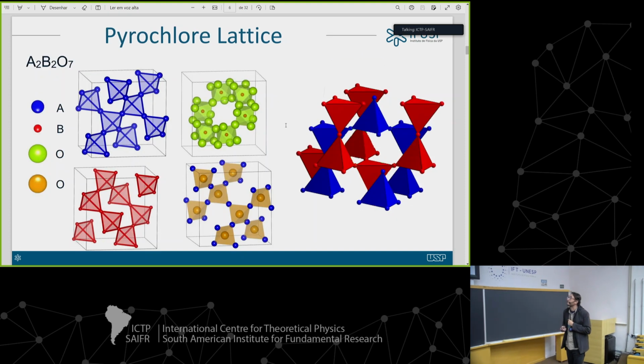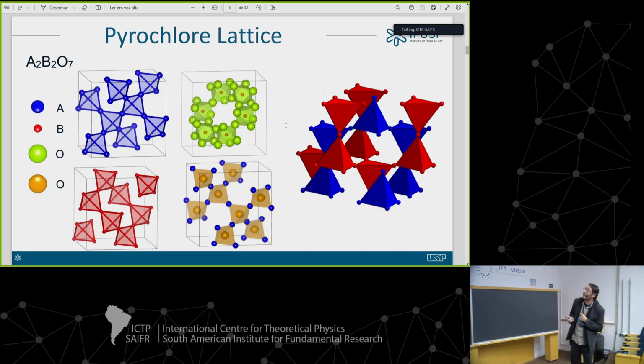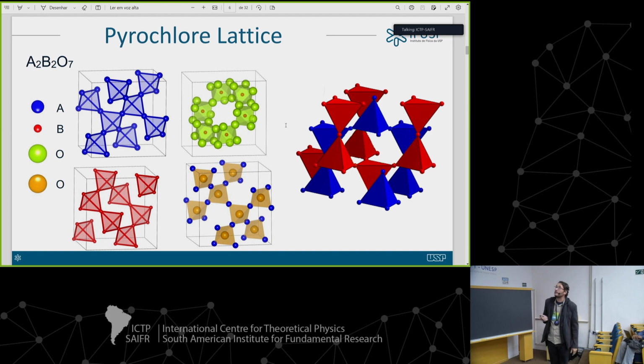Okay, so here again is the pyrochlore lattice. Usually when you have materials with this chemical formula A2B2O7, they tend to fall in this pyrochlore family of structure, which are shown here. So this is just the A and B lattice.